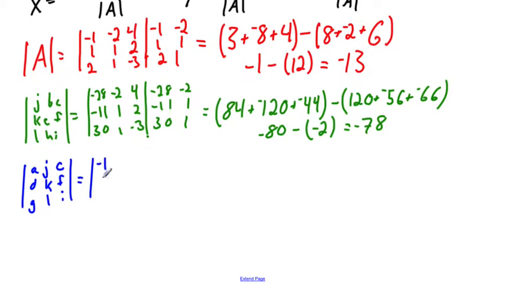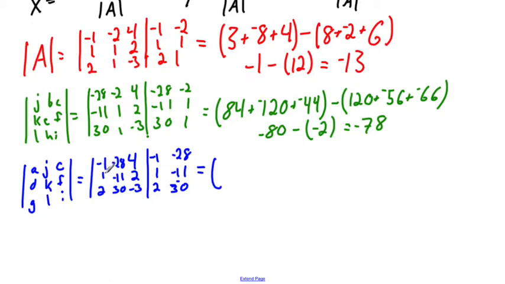So I have negative 1, 1, 2, 4, 2, negative 3. And I replace that middle with negative 28, negative 11, and 30. And yet again, as I'm taking the determinant, I replicate my first two columns.